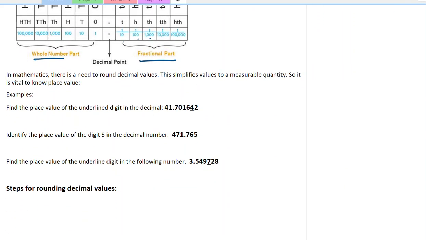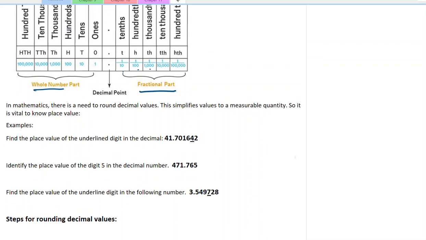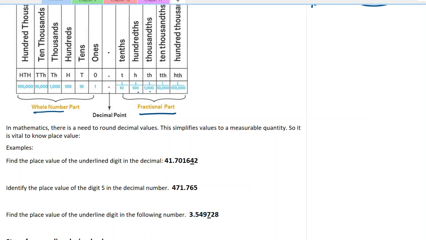So in mathematics, we need to round decimals. But to get to that, we first have to figure out where the decimal lies. So here are some examples. Again, we're looking at our chart. And then I have 701,647 millionths.